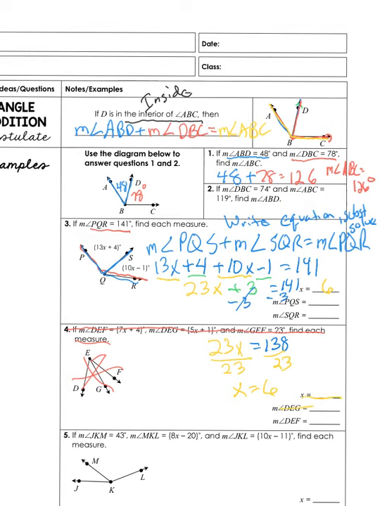So now that x equals 6 is here, again, this is a separate problem, so I'm crossing that off. And then you substitute this x into 13x plus 4. Measure of angle PQS equals 13 times the 6 plus 4. Type that in.